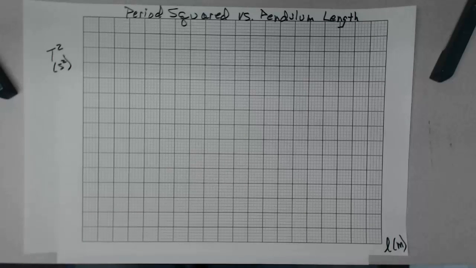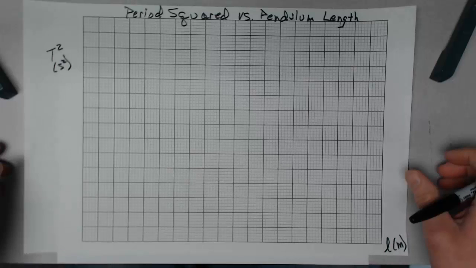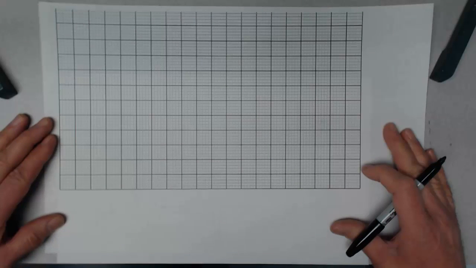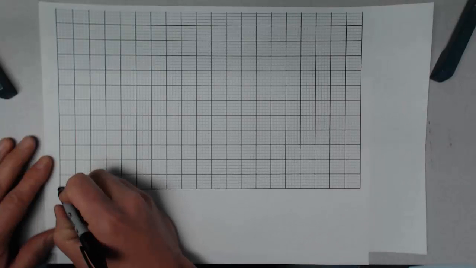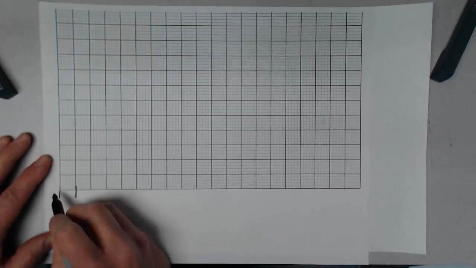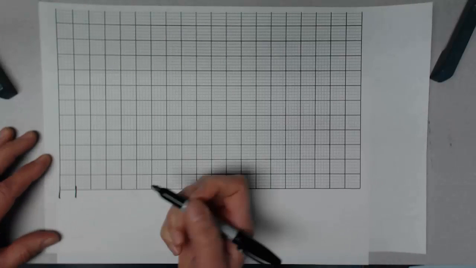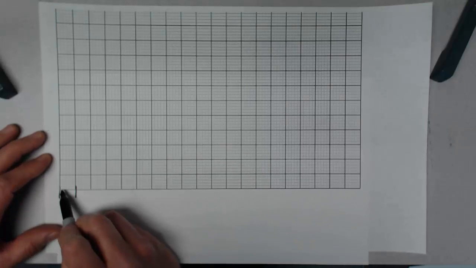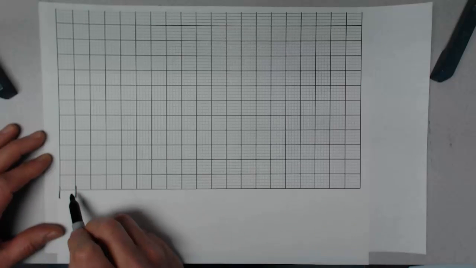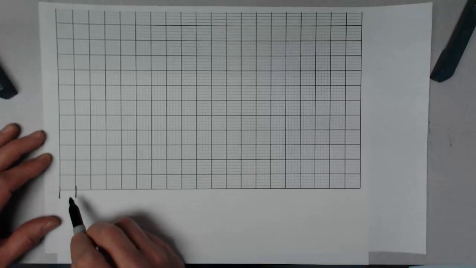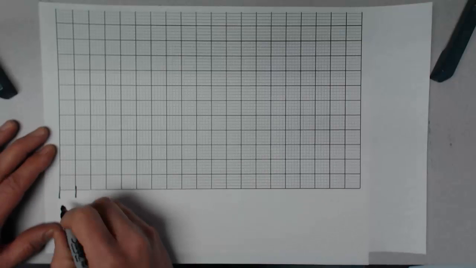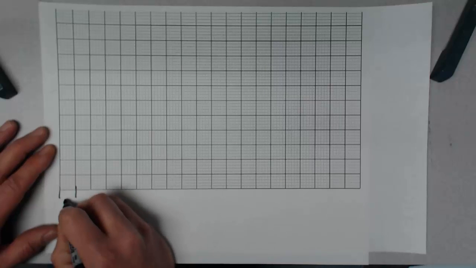Before I do that, I'm going to talk a little bit about picking scales. Let's suppose you're making a graph and you decide that each major division on the graph, and most graphs have 4 fine lines between each major division, so they actually split it into 5 parts. Let's suppose you decide to make each major division represent 1.